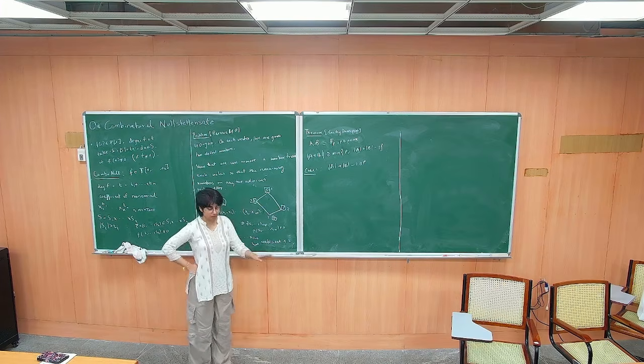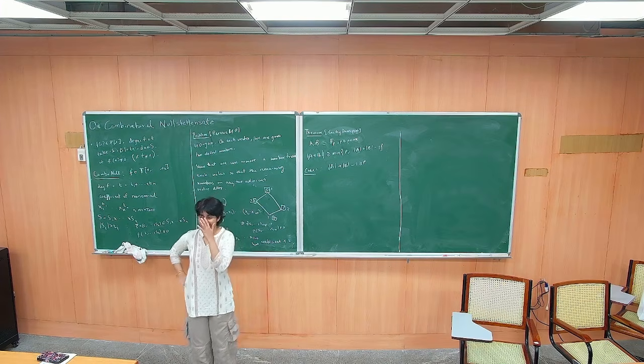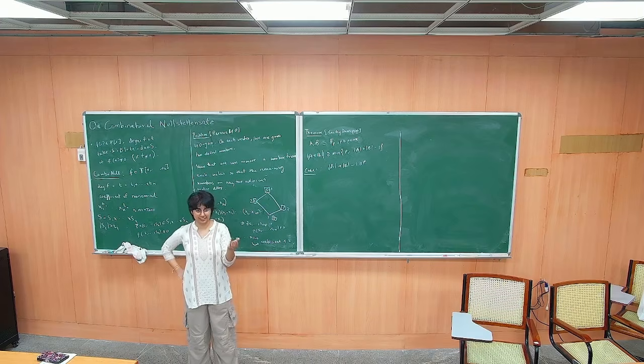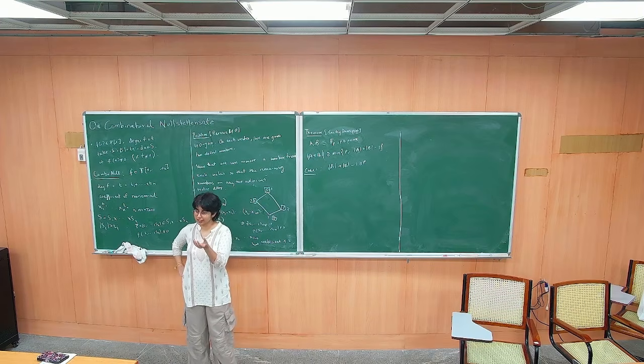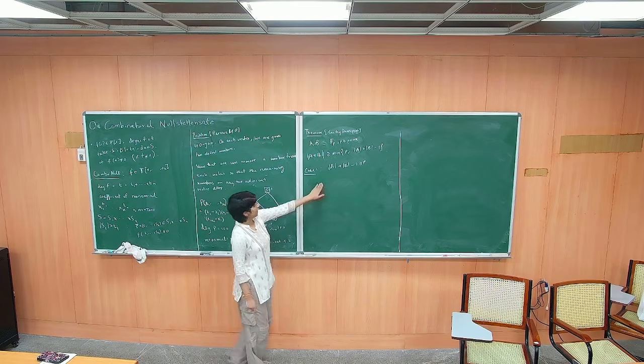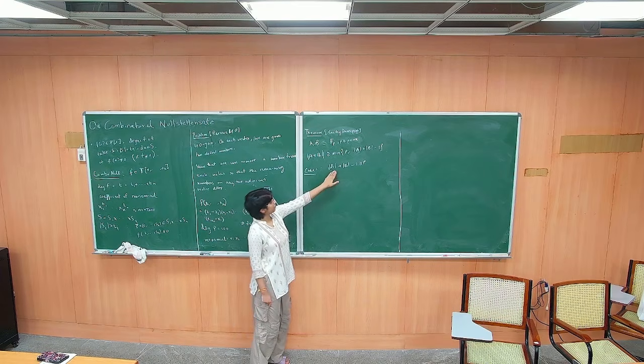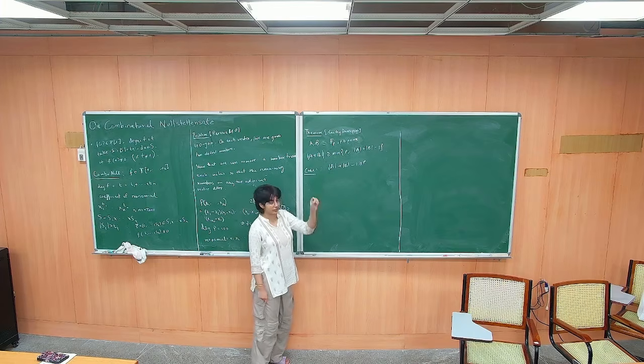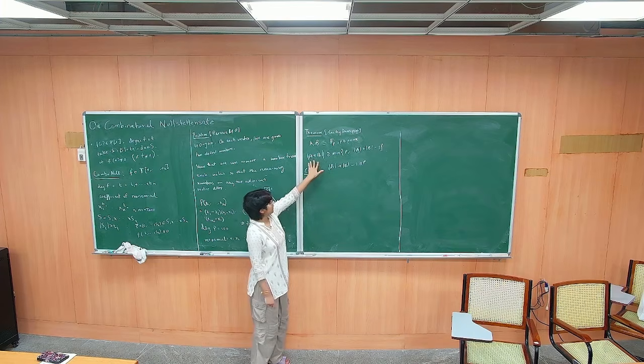So, note that the cardinality of the set A plus B will be at most P because we're dealing with FP. I want to show that when |A| plus |B| minus 1 is greater than or equal to P, then this set A plus B is FP.